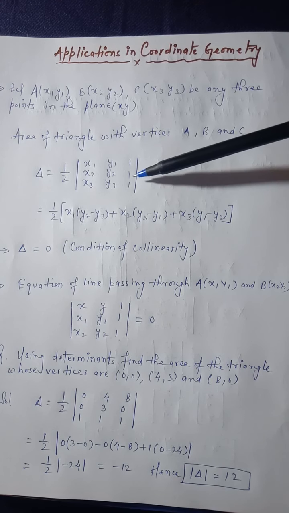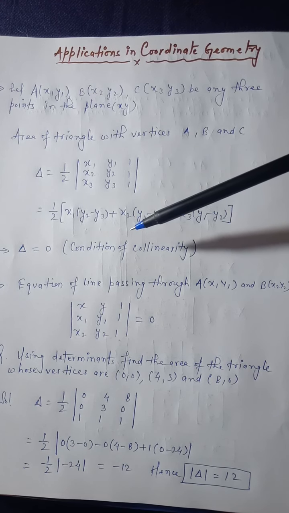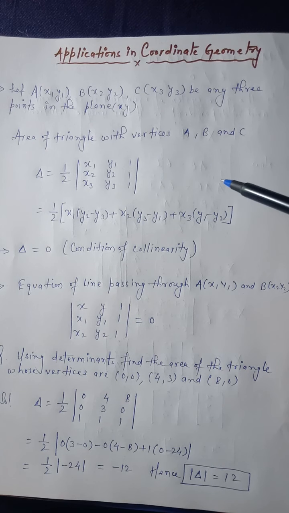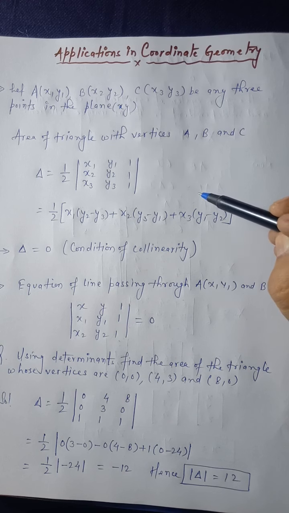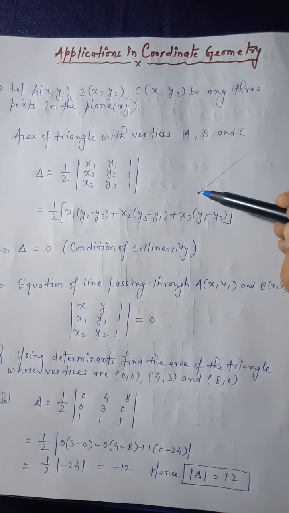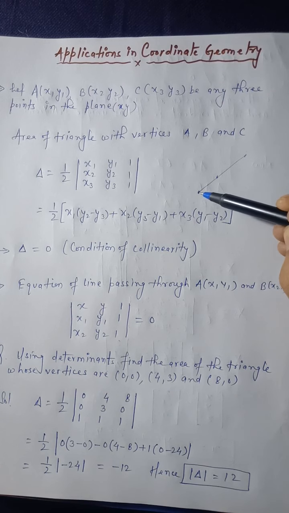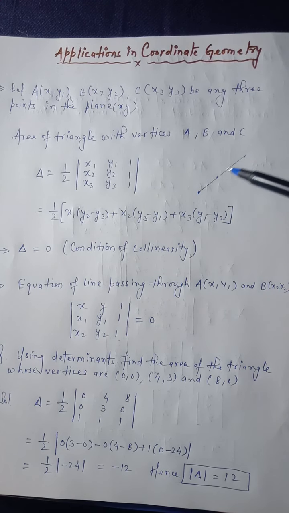Okay, and there is also the condition of collinearity, when the 3 points lie on a single line. Collinear means if this is a line, first point is A, C is here, B is here, so all 3 points are lying on a common line, so we will say that these points are collinear.